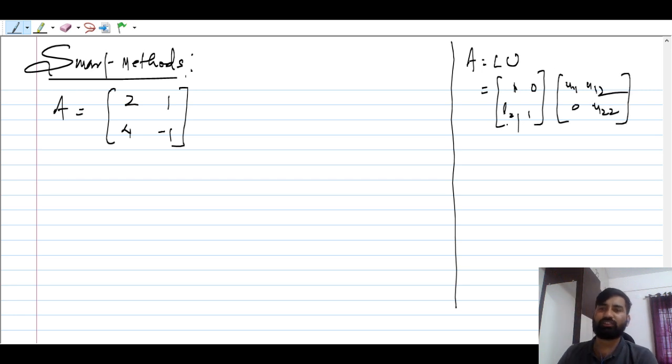You can also find this decomposition. So either you express A matrix like this, or you express A matrix like that, okay?